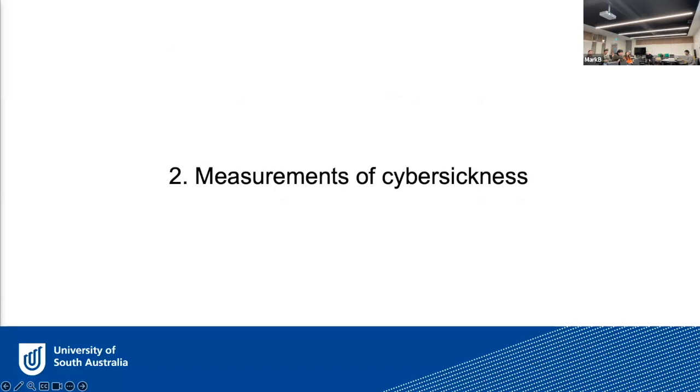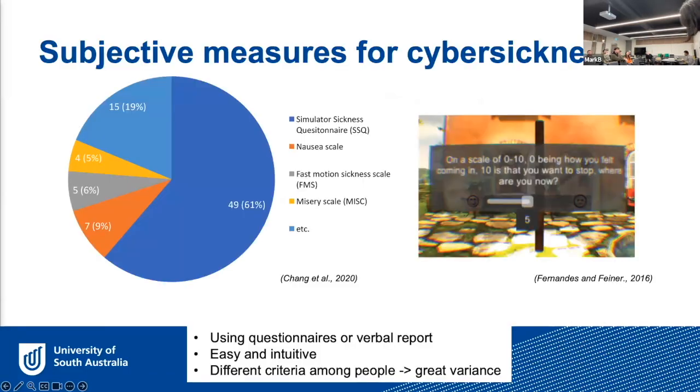Next, the measurement of cybersickness. As we already heard many times before, cybersickness can be quantified using multiple types of subjective measures. This pie graph shows that we usually use the simulator sickness questionnaire, and we can also use a nausea scale or fast motion sickness scale.